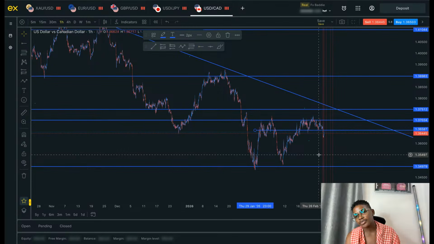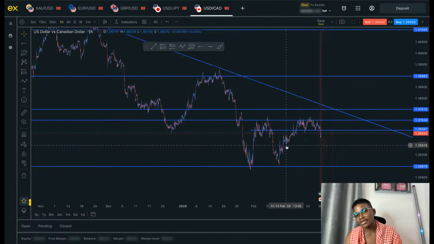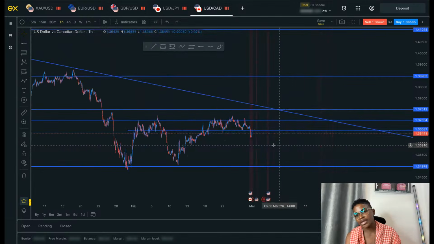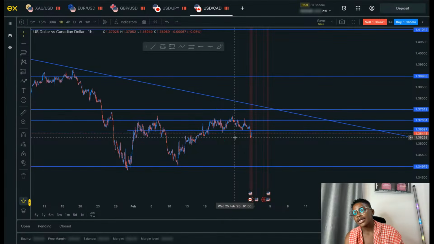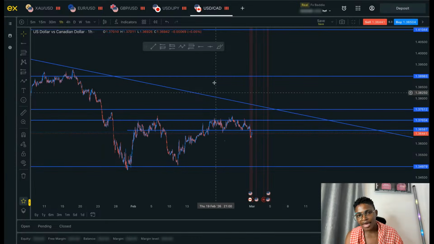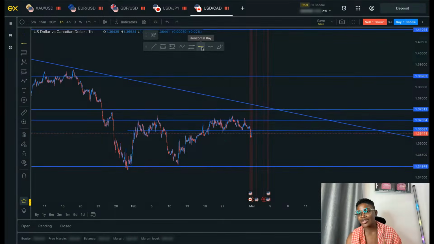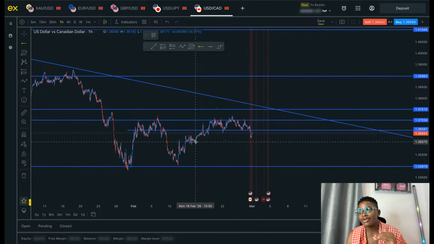Marked. You see that price is currently rising. The price is currently buying. Now, if it gets to my minor entry level and then starts rejecting back, I am going to enter my sell. I'll take another horizontal ray and mark another level from the downside. It's like you want to protect price from up and from down.